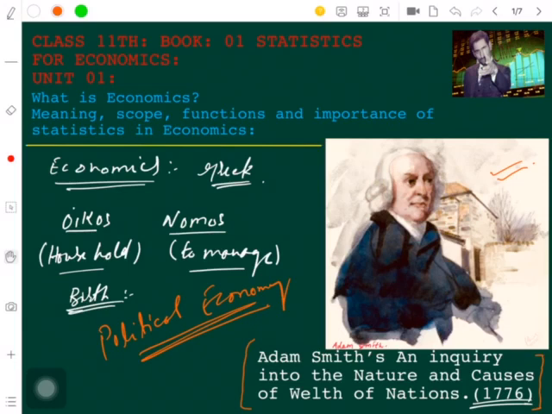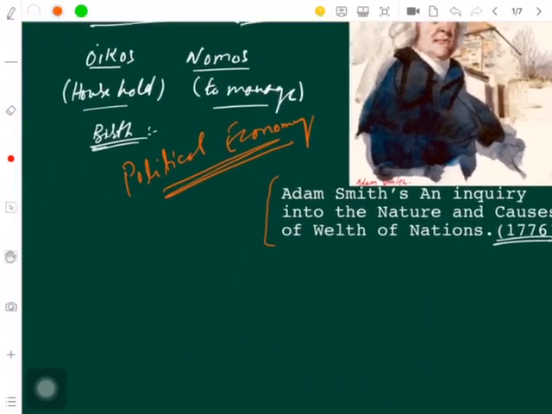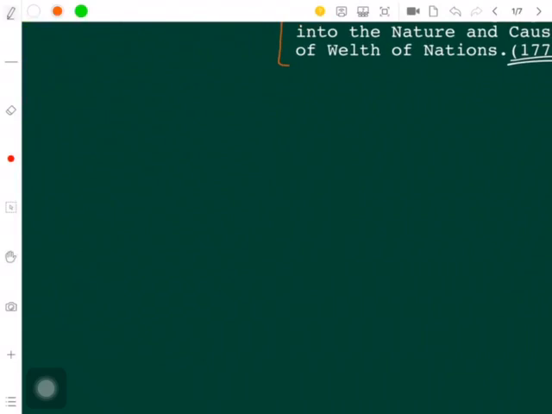The definition of economics in itself is really very deep, because there was an economist known as Watson. He says that if there are 5 economists together, 5 people talking about economics at a place, the consensus they will give will be 6.